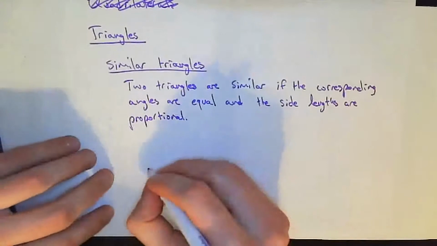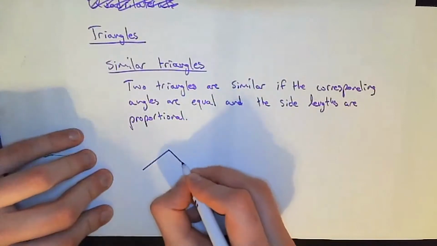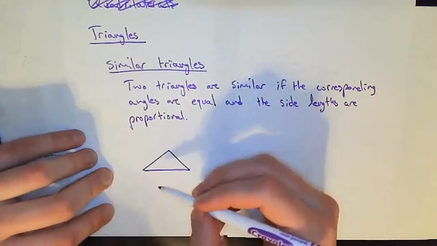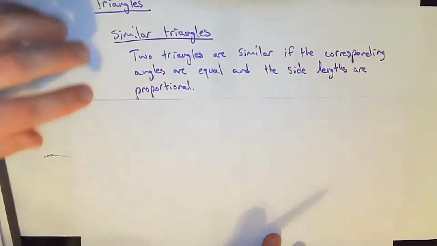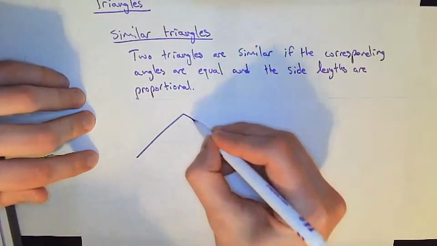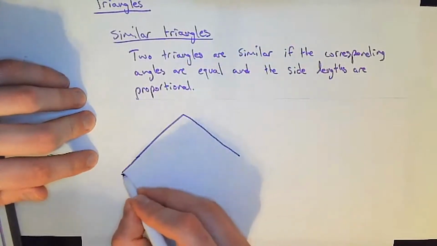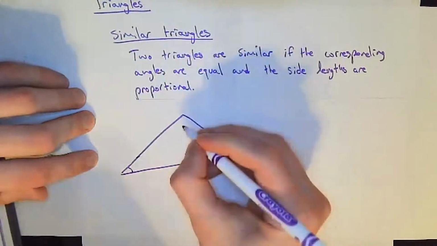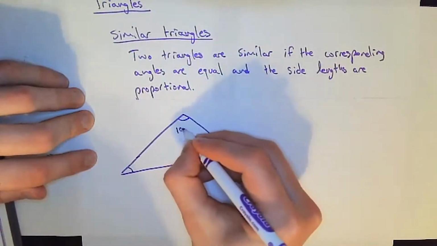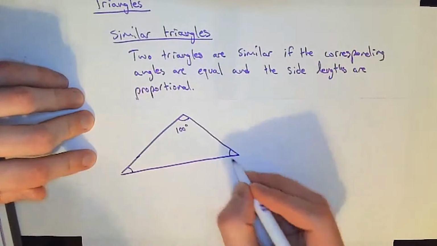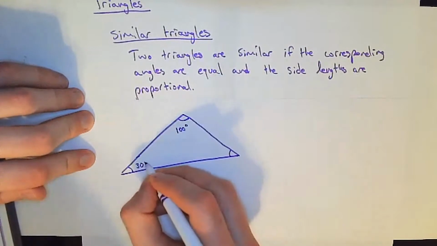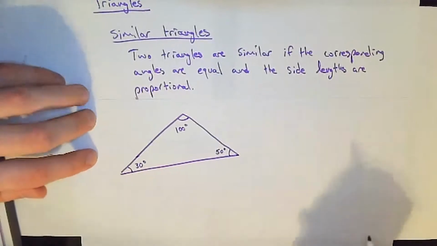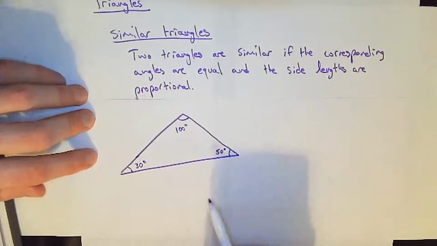Let me give you a quick example. So maybe I've got some triangle like this. I'm going to draw this bigger so I can draw angle measures inside. I've got an angle measure up here of 100 degrees, right here of 30 degrees, and then right here of 50 degrees. So I'm making sure that they add to 180 here. That's 100, 30, and 50.